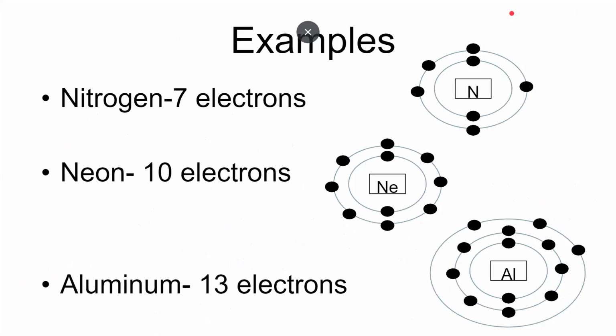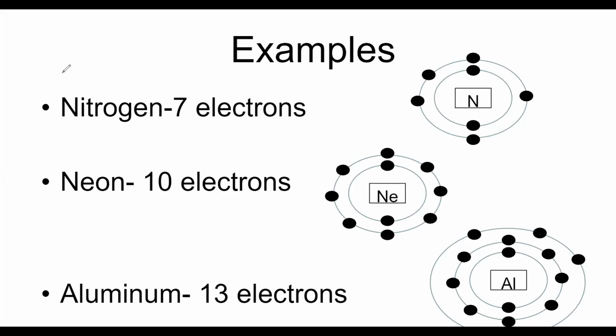All right. So a couple more examples to hopefully help drive this home. So nitrogen is element number 7. So he's got 7 electrons. If we want to figure out the shells, we start counting up how many are going to go on each shell.